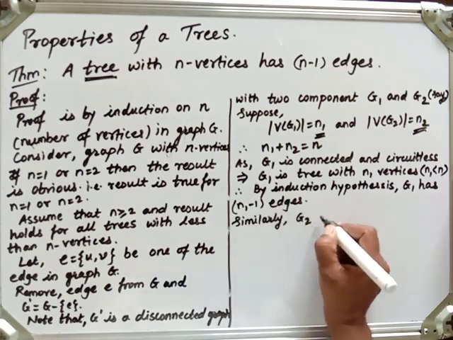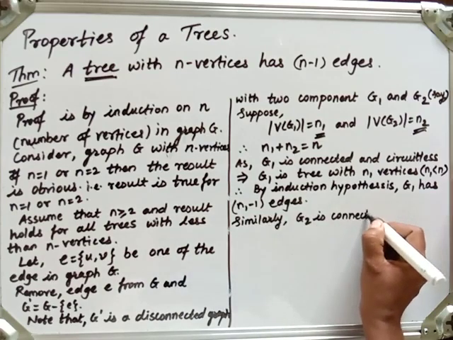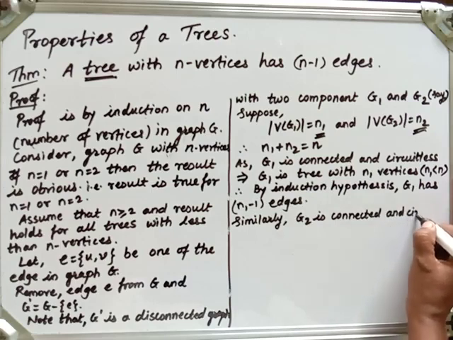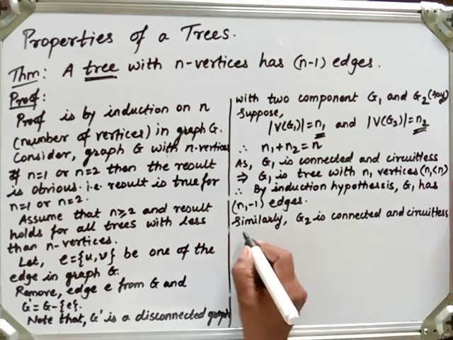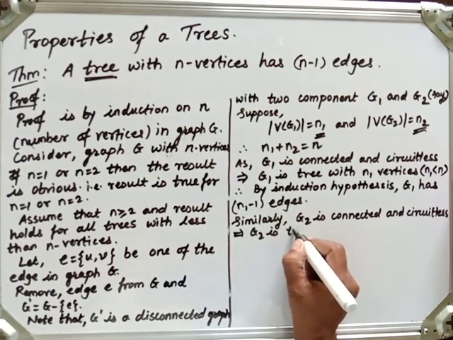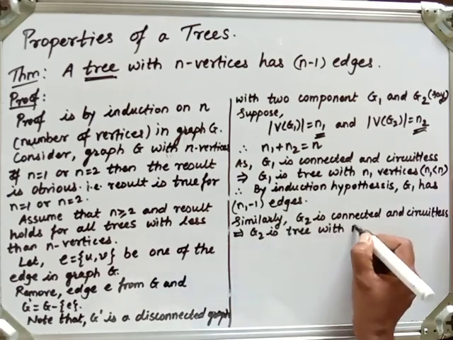G2 is connected and circuitless, so that gives G2 is a tree with N2 vertices.